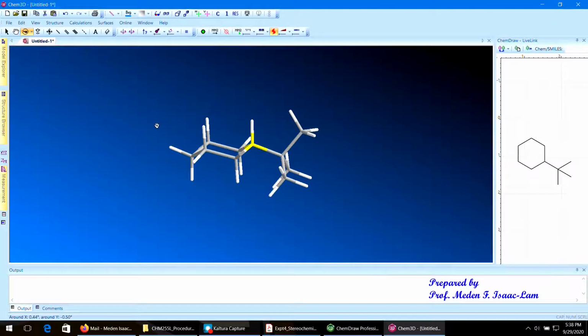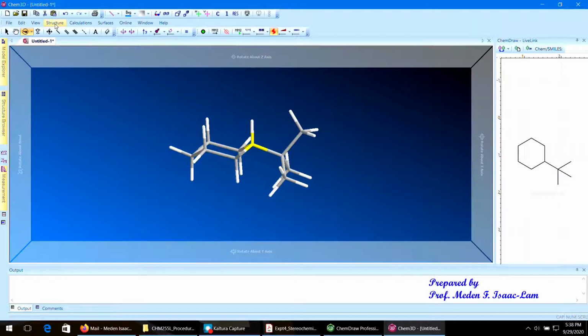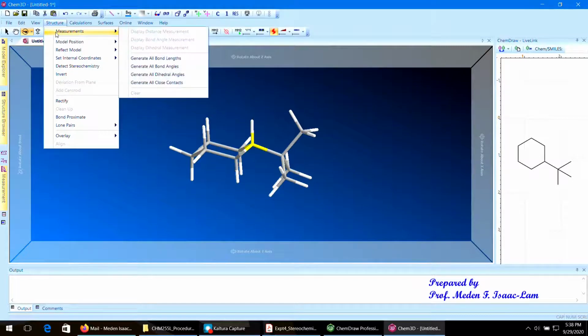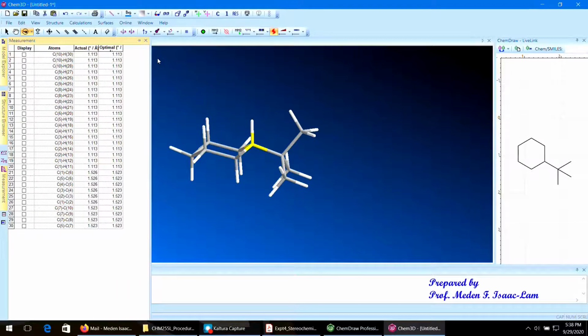The other way is to go to the structure tab. Click on it, and then measurements, and then generate all bond lengths. I click on it, and because this carbon is generated by the software as C5 and C7, I can locate that bond distance.